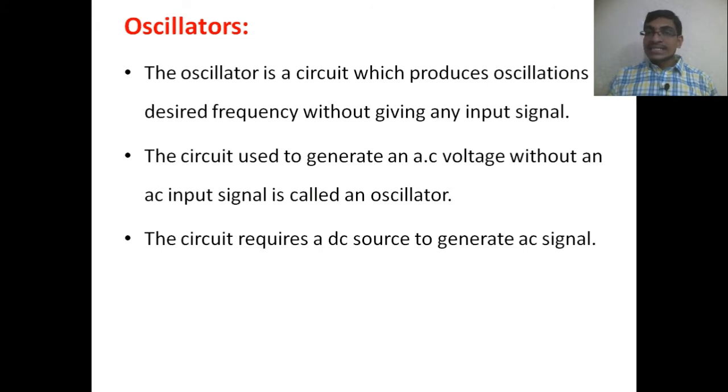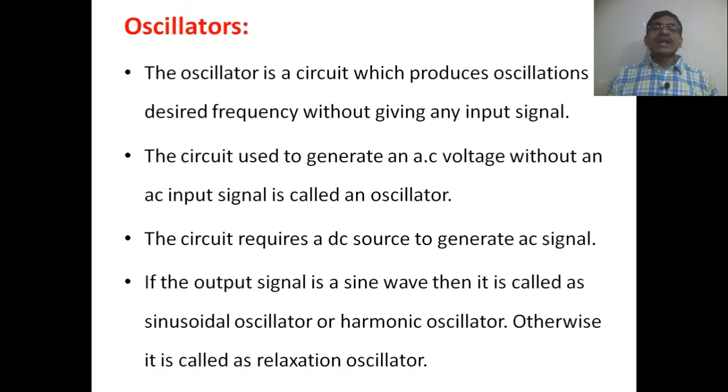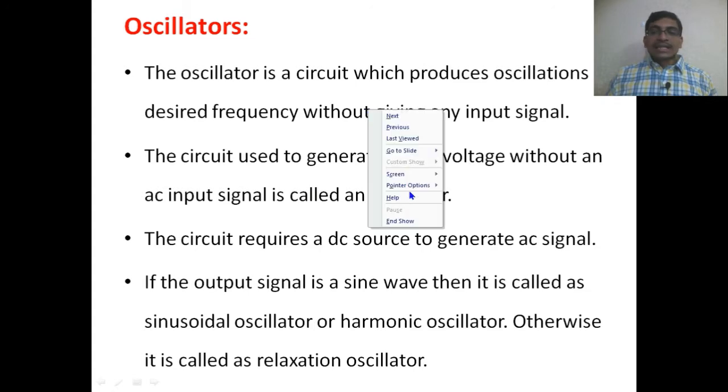Here the DC signal means the supply voltage we are supplying to the oscillator circuit. If the output signal is a sine wave, it is called a sinusoidal oscillator or harmonic oscillator. So if the oscillator output is sinusoidal, then it is called a sinusoidal oscillator.